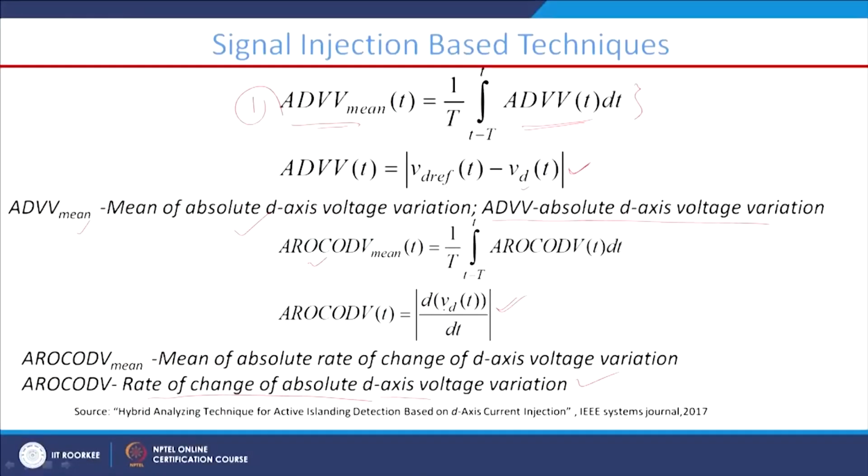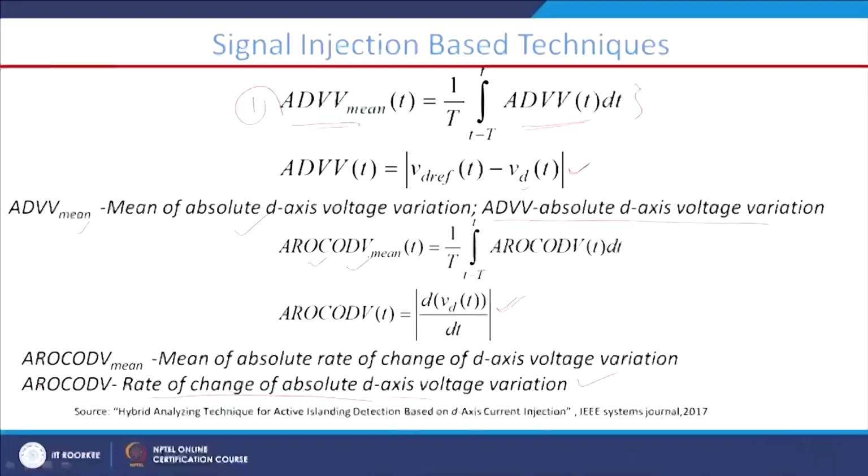It is the derivative of small v(t) divided by dt, the rate of change of this particular d axis voltage, the instantaneous voltage. That is also another index to detect whether the microgrid is islanded or not islanded. After that, we will take the mean of the rate of change of Vd. If we take this mean, it will be another index.